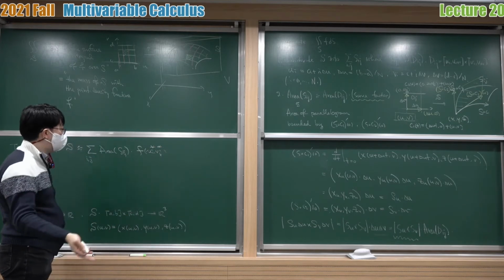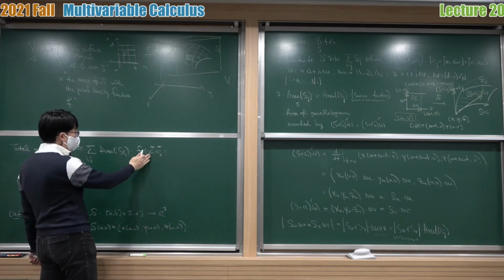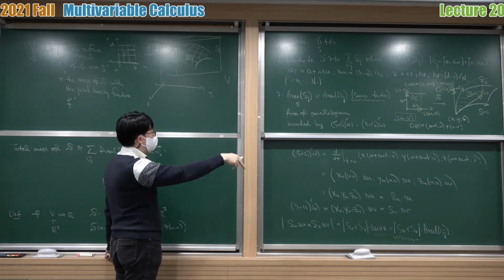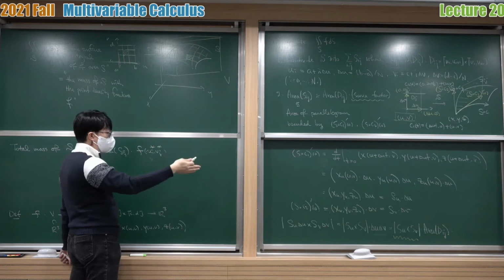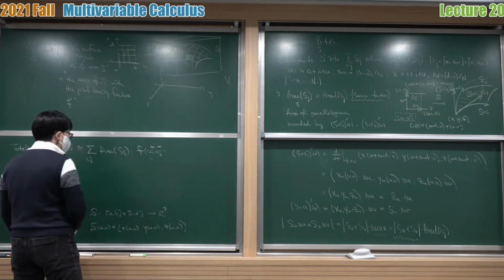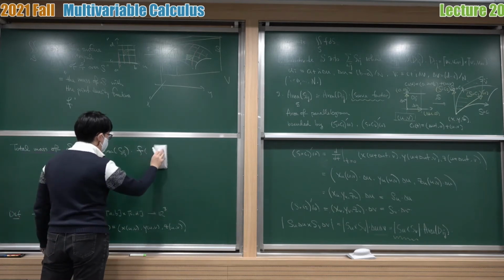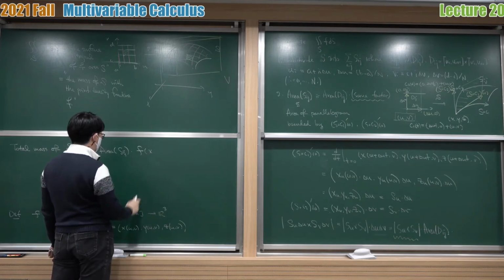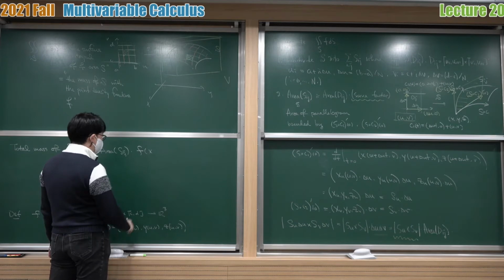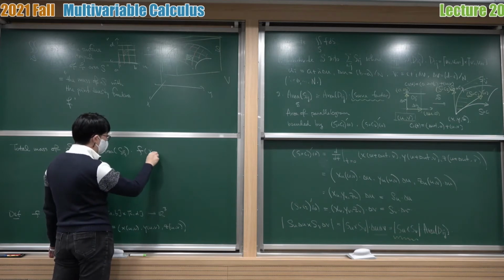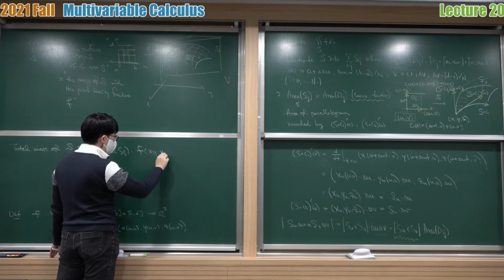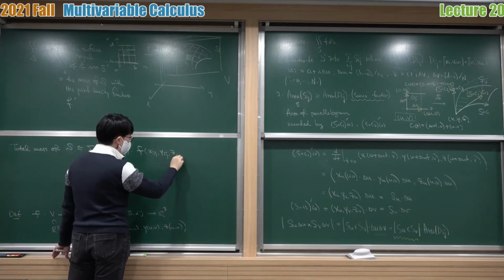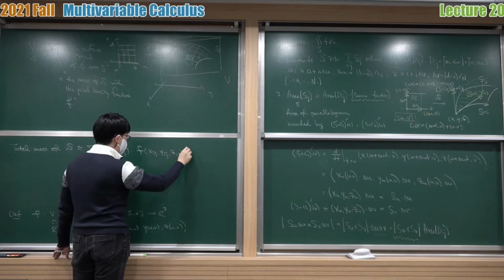You can take ui, vi at the lower left corner, but you can also choose any point inside of this domain. So we have a double index here.